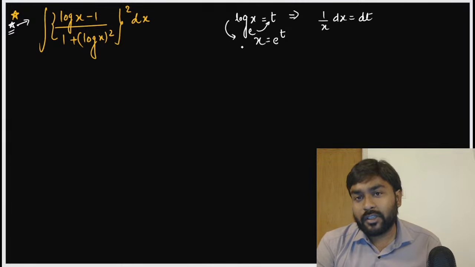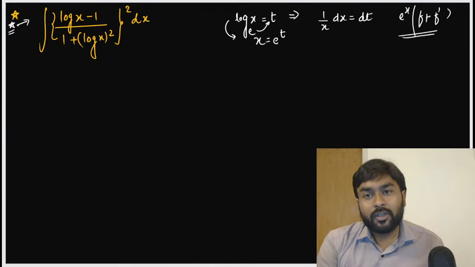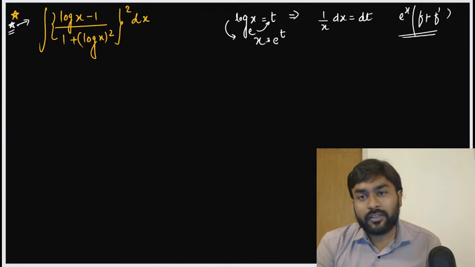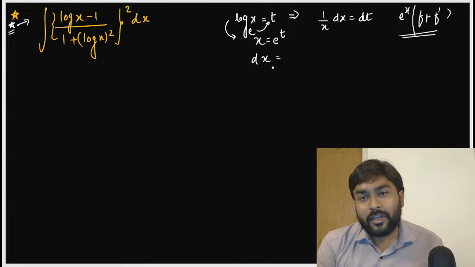Then we will differentiate. Then easily you can convert this question in this format e power x f x plus f dash x. That is our target. So x equal to e power t we got. Then differentiation, dx equal to e power t dt you can write. Correct?